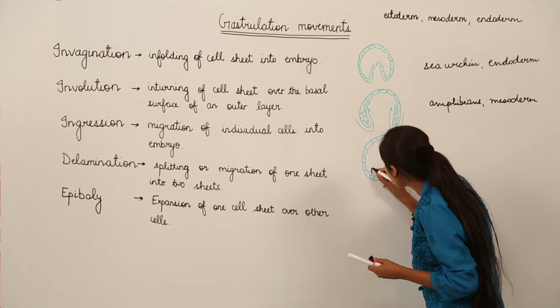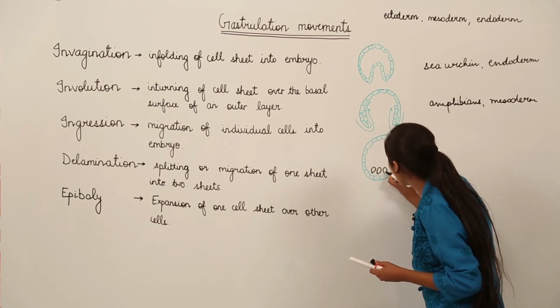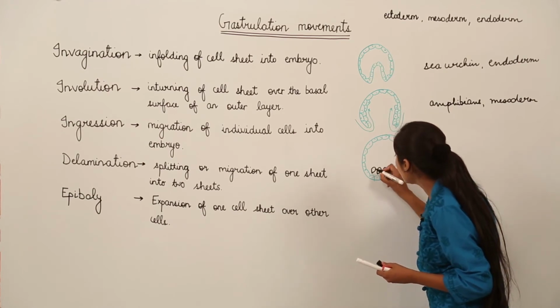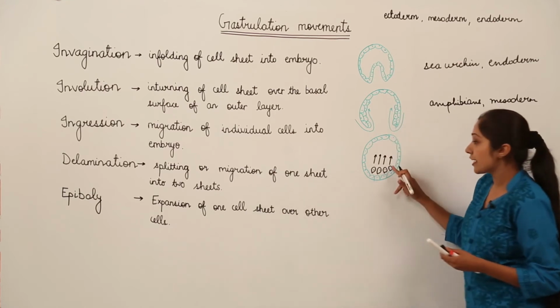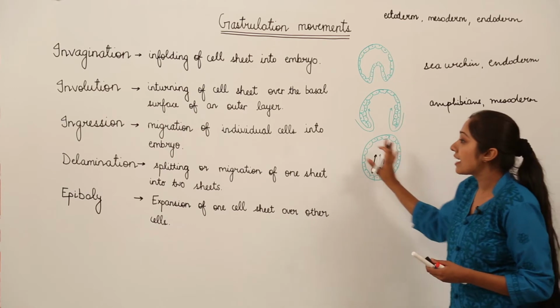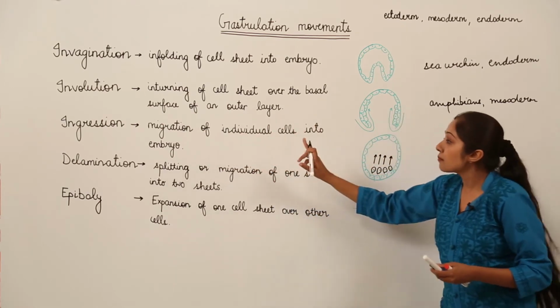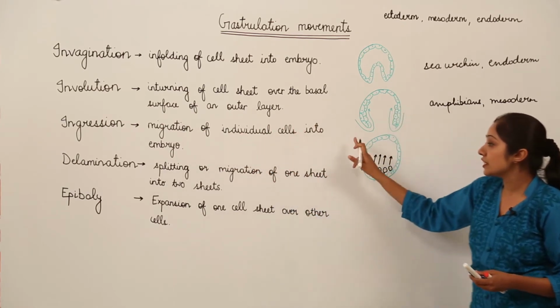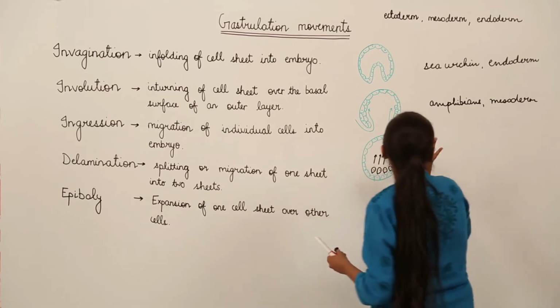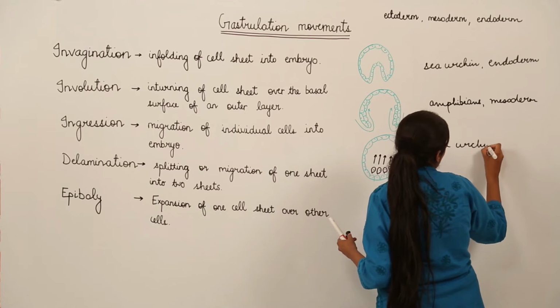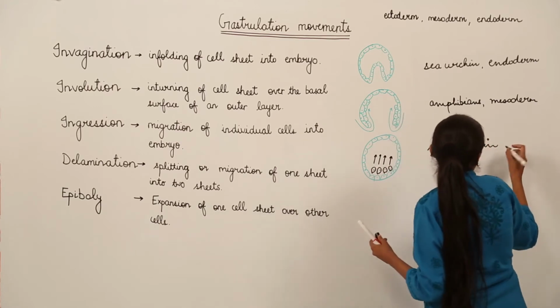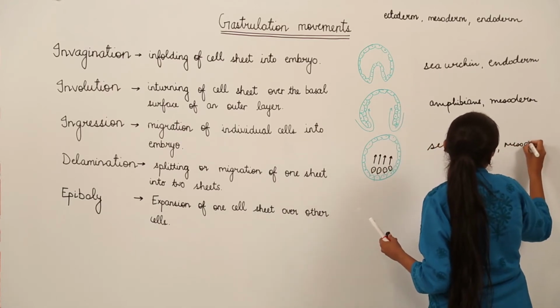So individual cells are going to enter into the embryo. So I can show it like this. This type of movement of cells is known as ingression, that is migration of individual cells into the embryo, and this type of movement is seen in case of sea urchin only, but during the formation of mesoderm.